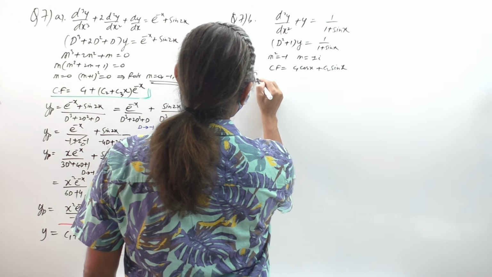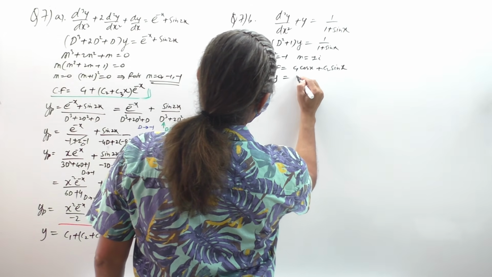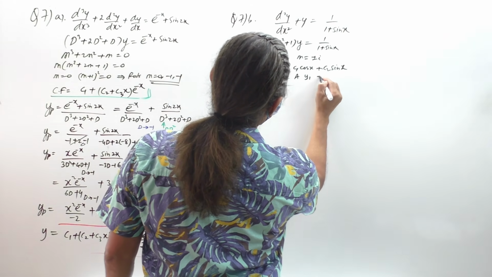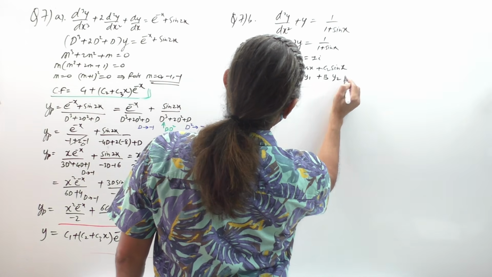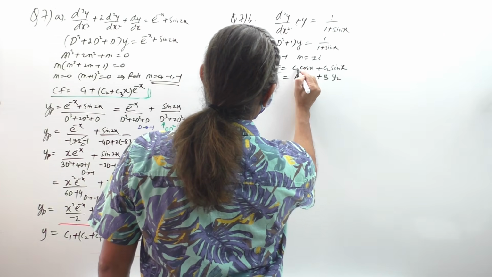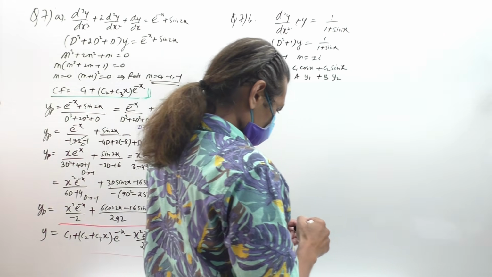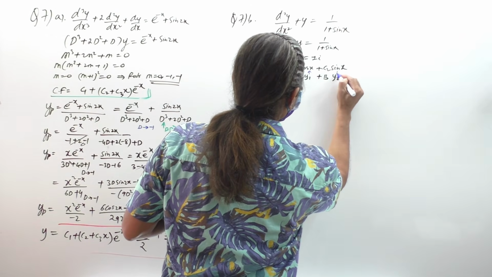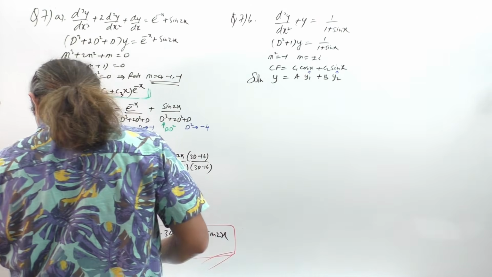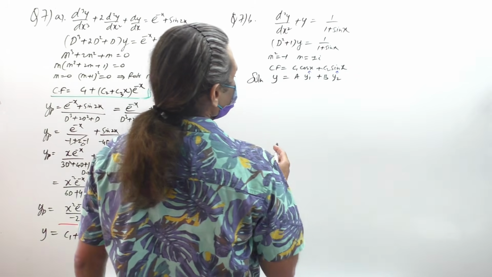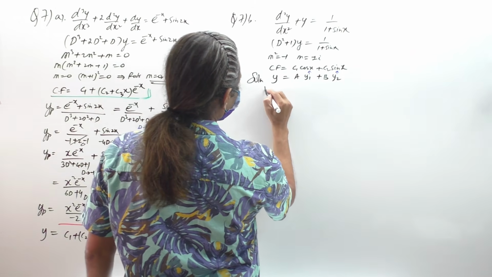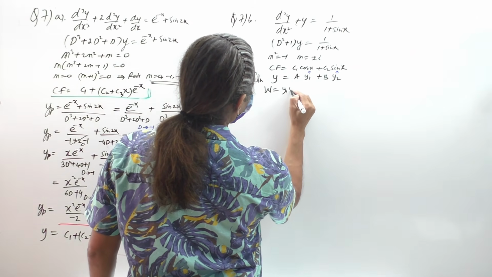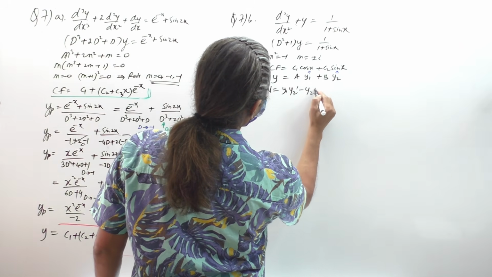So the solution can be written here as y is equal to A y1 plus B y2. Fine. So here y1 is cos x and y2 is sin x. From this we will find something called the Wronskian. W is equal to y1 y2 dash minus y2 y1 dash.